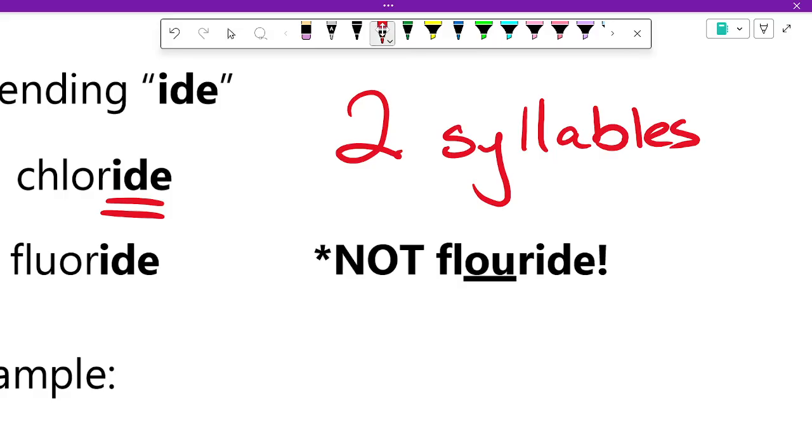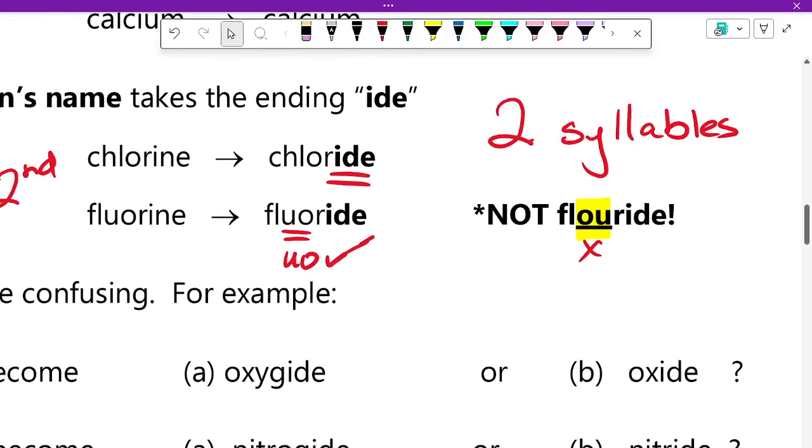Okay. So never, ever, ever "fluoride." Okay? You're not making a cake. It's not "flour-ide." It's fluoride. Fluoride. And it's also not "floride" without a U. It's UO, fluoride. It's like the flu that we have.